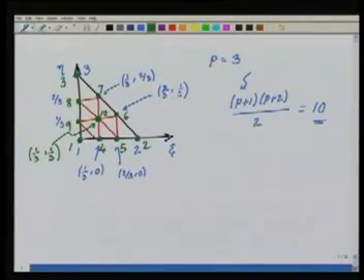So I need 10 cubic basis functions in order to have a complete set which can completely represent any cubic polynomial. So how do I now go about defining the shape function?